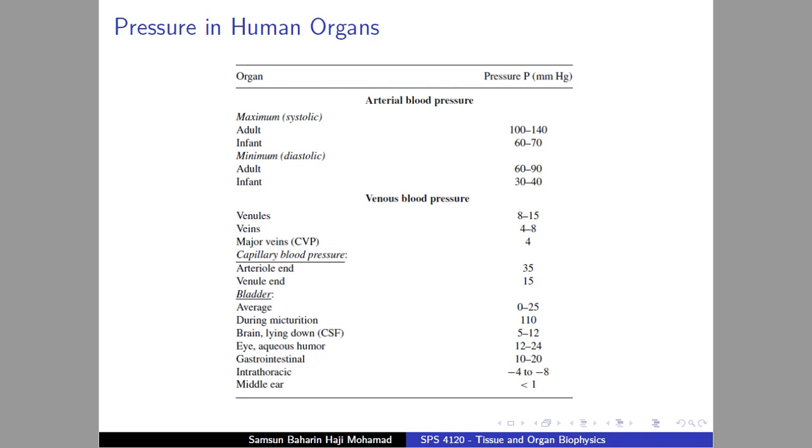Then bladder 0 to 35, brain 5 to 12, eye 12 to 24, gastrointestinal 10 to 24, intraocular -4 to -8, and middle ear less than 1. So you can see that different parts of our body have a different number of pressure. If the pressure is higher than this number, it might damage our body.